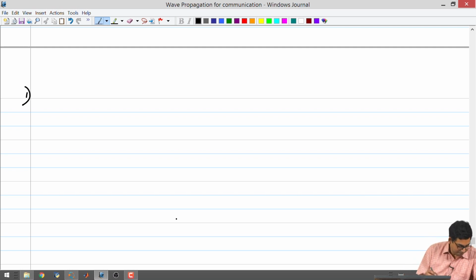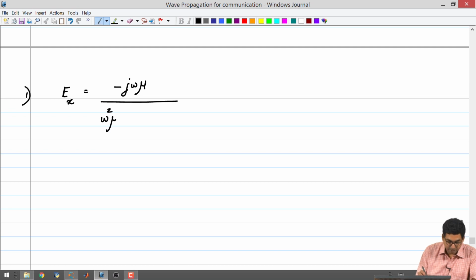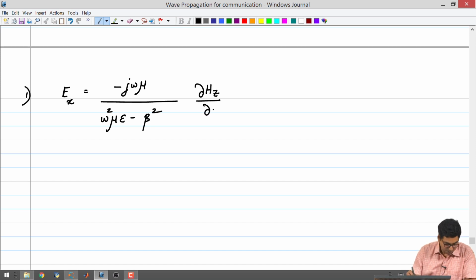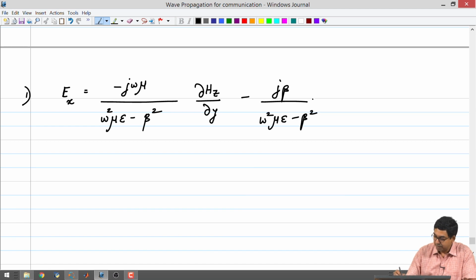So, there are two things over here. It would look like minus j omega mu divided by omega square mu epsilon minus beta square multiplied with dou Hz by dou y, minus j beta divided by omega square mu epsilon minus beta square times dou Ez by dou x.